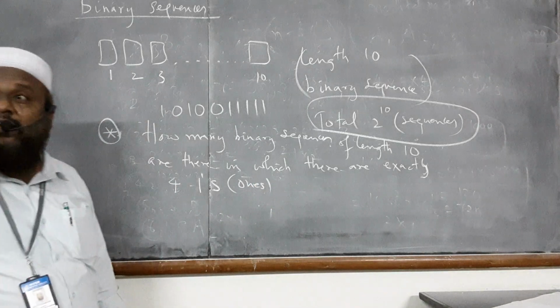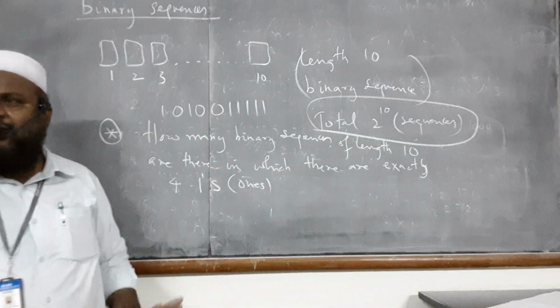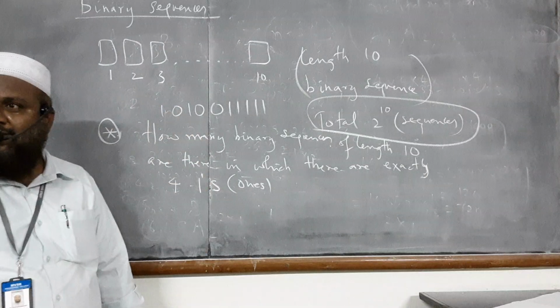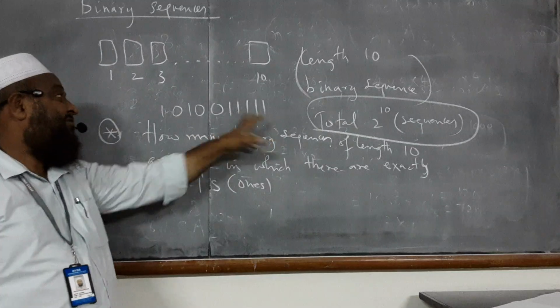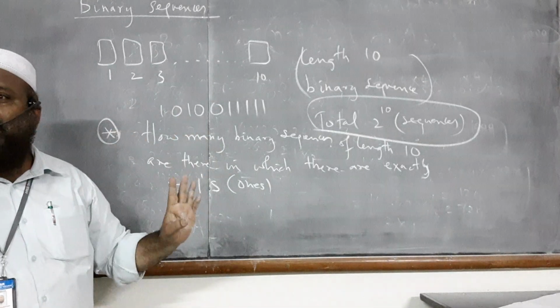What do I mean by that? Exactly 4, neither less than 4 nor more than 4. This is not a binary sequence to be counted because it already has 5 here and 2 here, 7 ones are there. So this sequence is not counted.